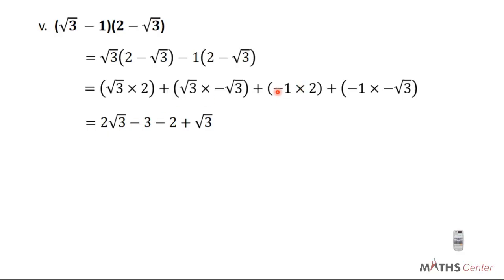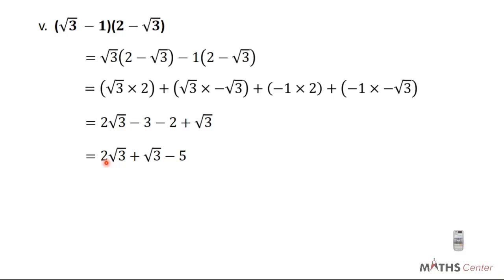Then when you come here, negative 1 times 2 will give us negative 2, as we have here. Then plus negative 1 times negative root 3. We know that when negative multiplies negative, it changes to positive, so positive root 3. So we group the numbers at one side and we group the surds at the other side.